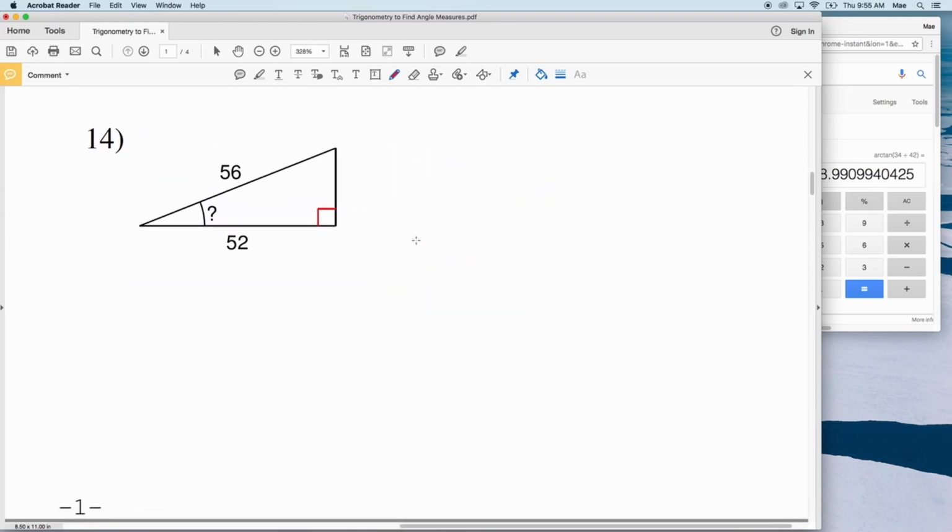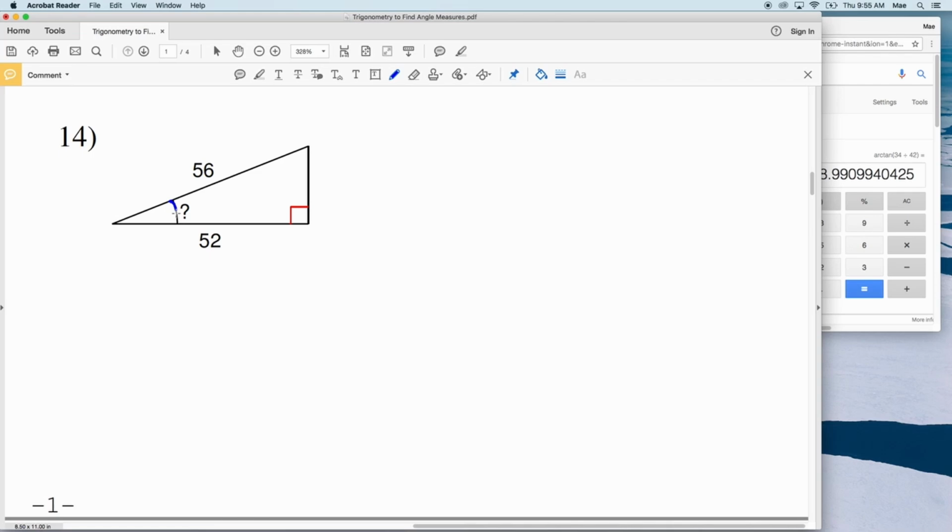On to number 14. Let's go ahead and call this angle Y. So for angle Y, we're given the hypotenuse, and we're also given the adjacent.